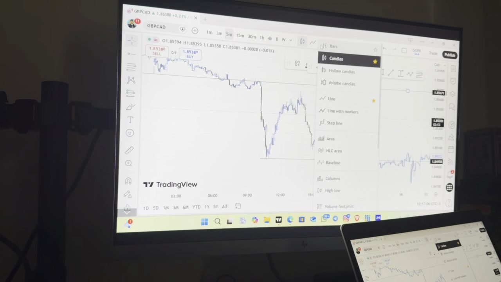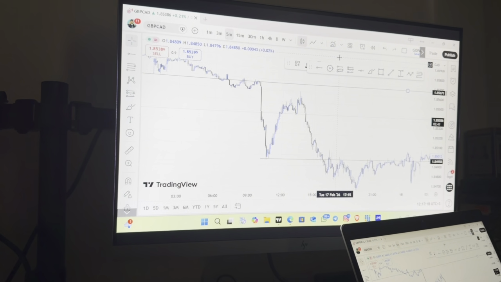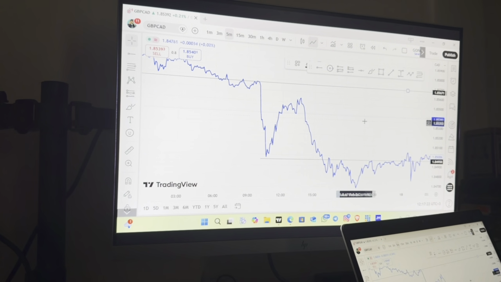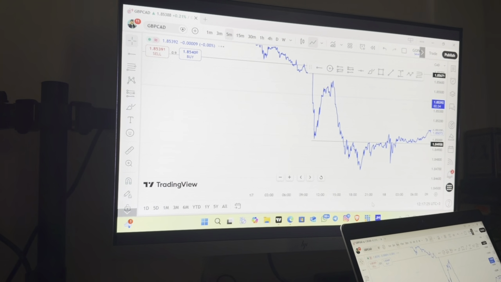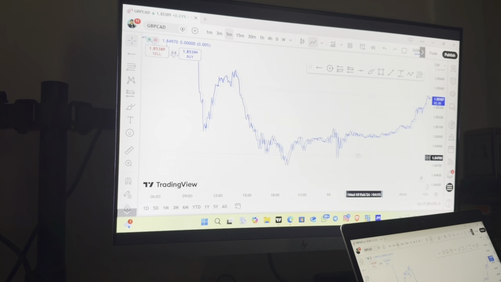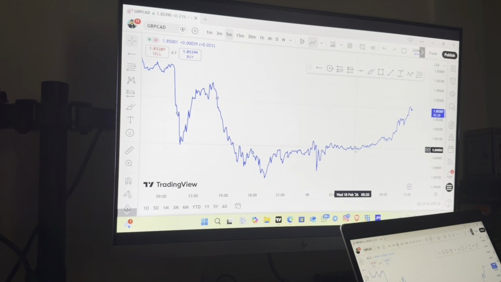Then here, there are four types of chart: bar, candlestick, Heikin Ashi candlestick, and line. If you want to see the market clearly, you can switch to line. But when you switch to line, you will not be able to see the exact candlestick, if it's bullish or bearish. You just see the trend.